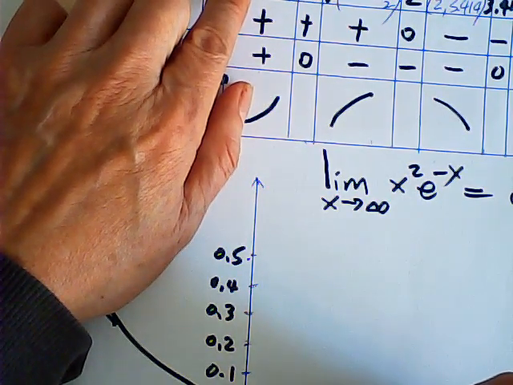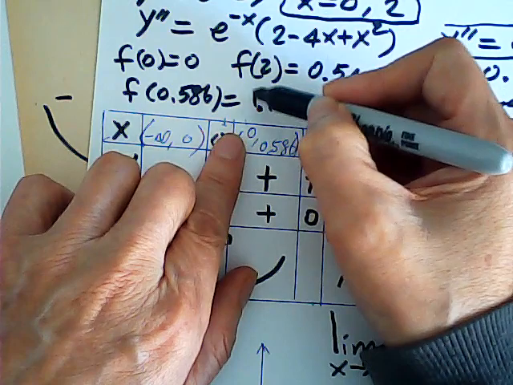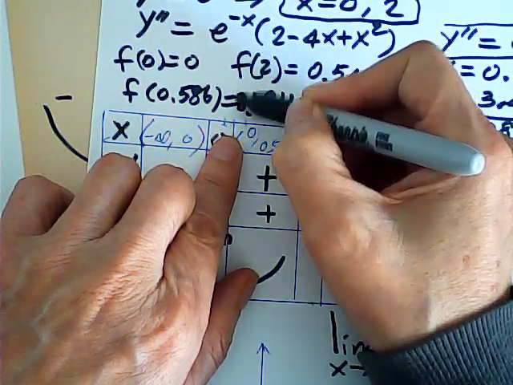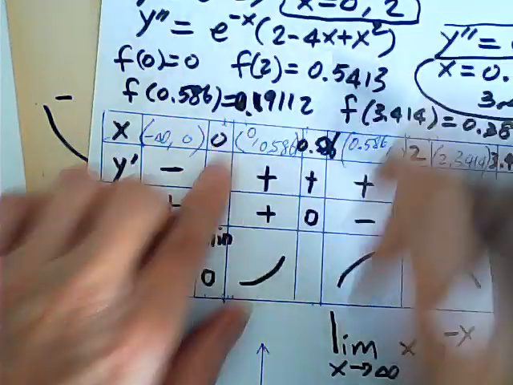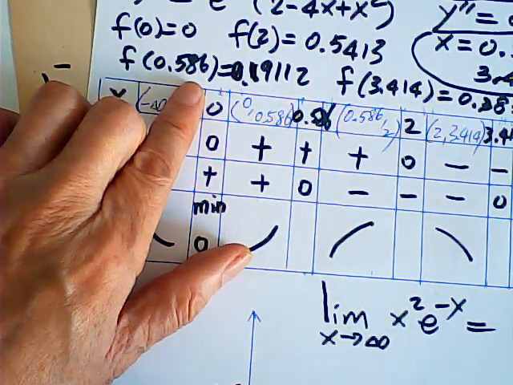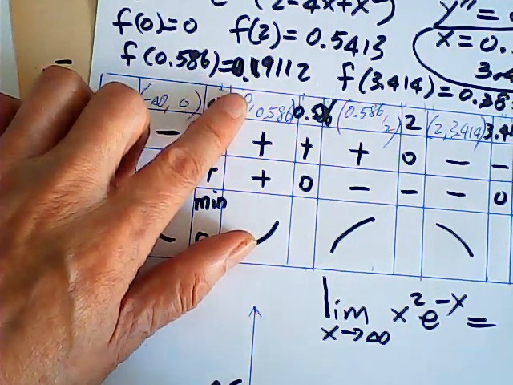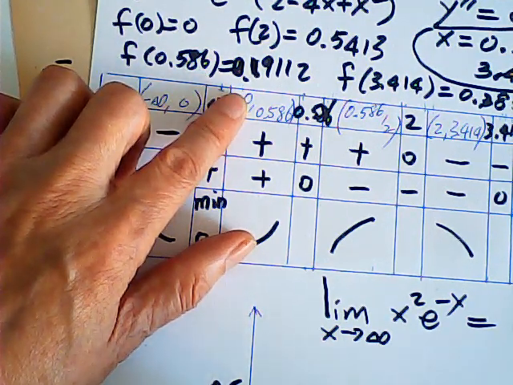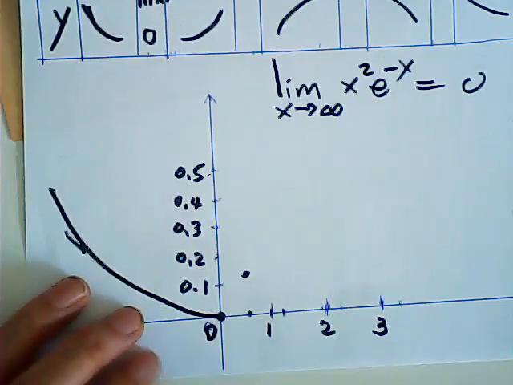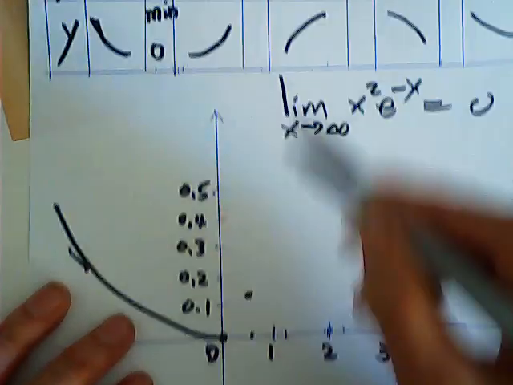While this is 0 point. So this point corresponding to 1 point something, 0.19 somewhere here. So this point is this.